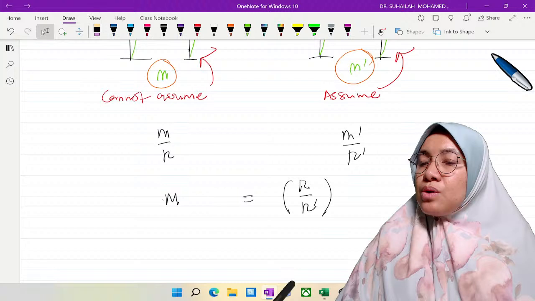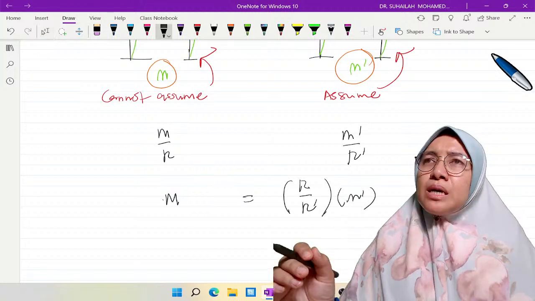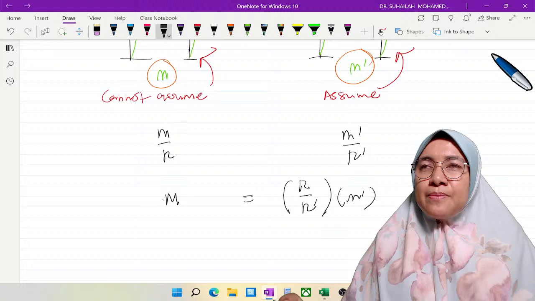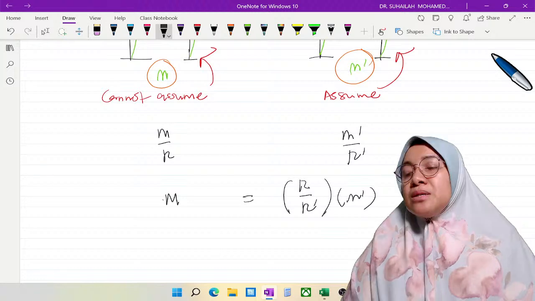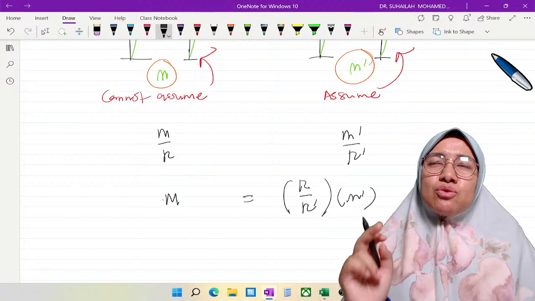So R over R prime, we call it the correction factor, times M prime. Why do we have a correction factor? Because the FEM that we use to calculate M prime is based on assumption. That means we can actually assume whatever value, but we have to maintain the right behavior of FEM. The FEM in the table is an assumption, not the real one.